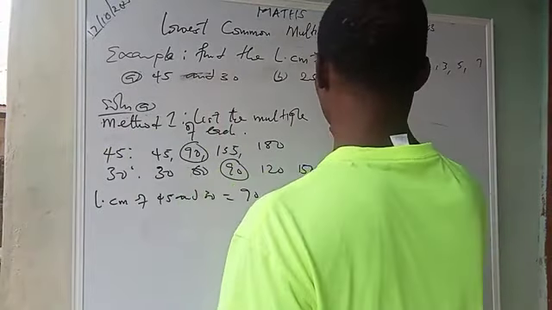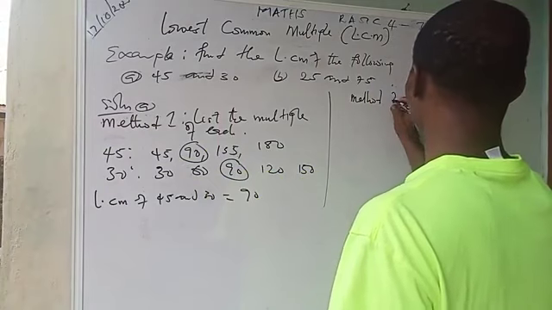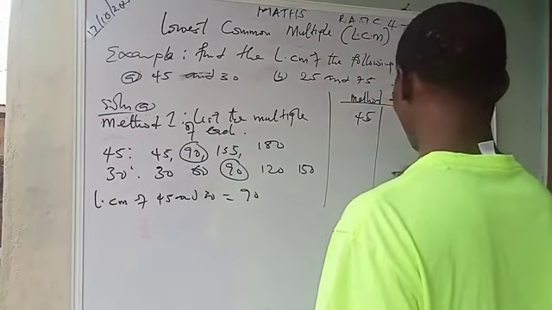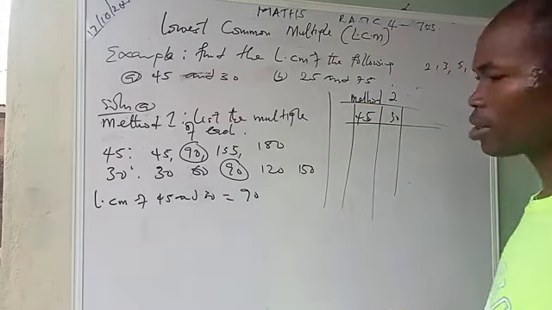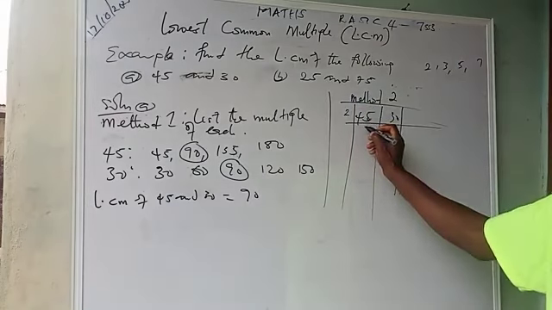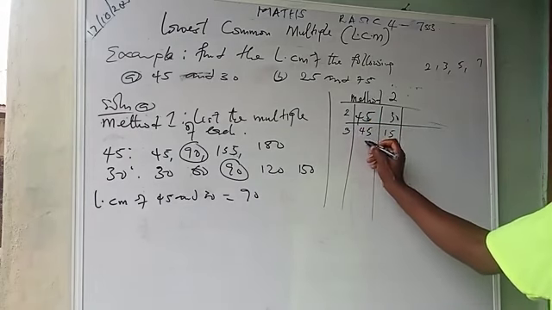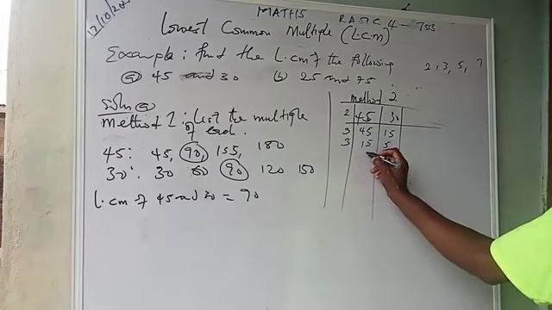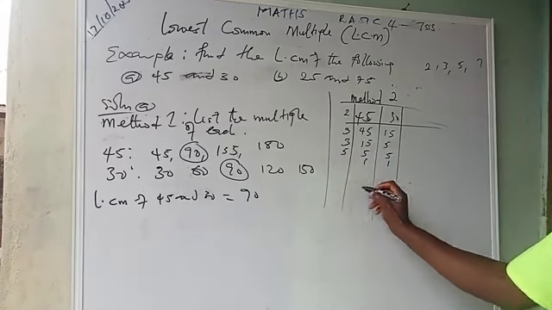So you go to the table, method 2. Whichever one you prefer. 45, 30. You make use of your prime numbers to divide. 2, 45, 15. 3, 15, 5. 3 can still divide: 3, 5, 5. 5, 1, 1.